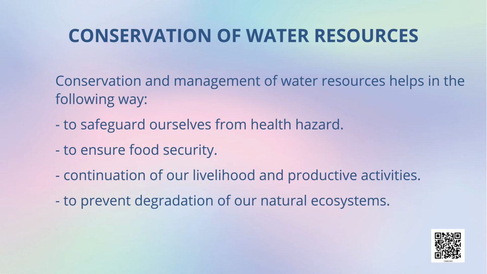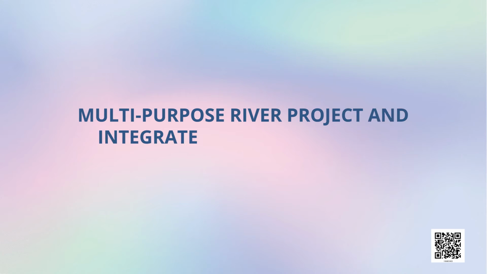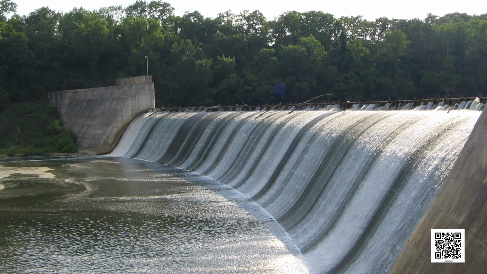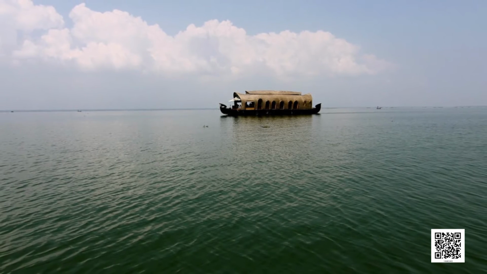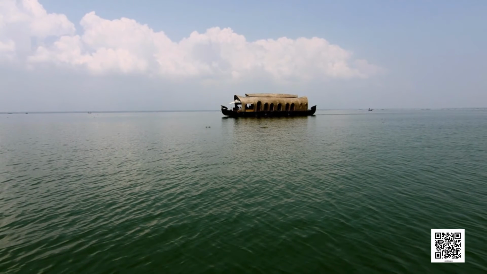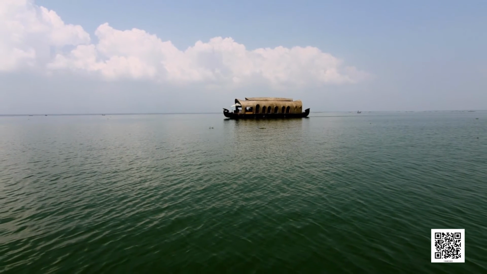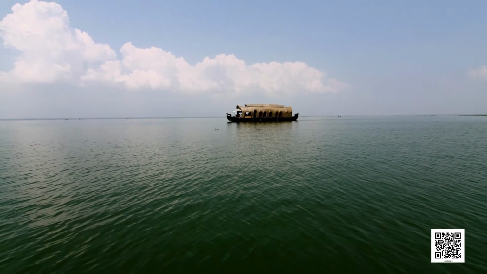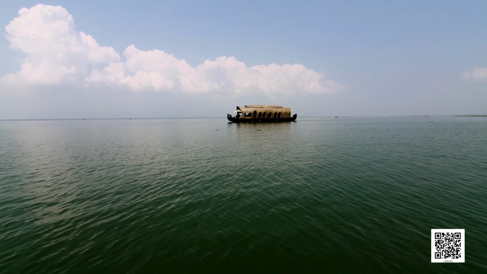So students, now we will discuss multi-purpose river projects and integrated water resources management. Sophisticated hydraulic structures like dams built of stone rubble, reservoirs or lakes, embankments and canals for irrigation have been constructed from ancient times in India to conserve and manage water.